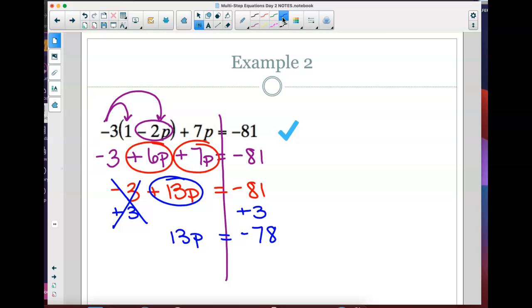How do I get rid of the 13? Divide by 13. So p equals negative 78 divided by 13. I think it's negative 6. Again, nothing you guys don't already know how to do. This is all stuff you've learned along the way. Now we're just putting it all in one problem.